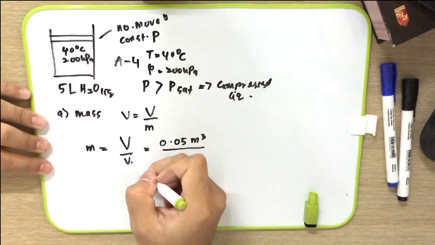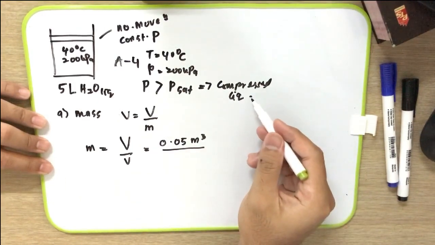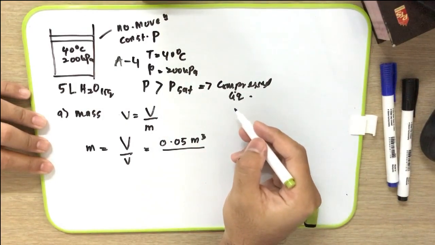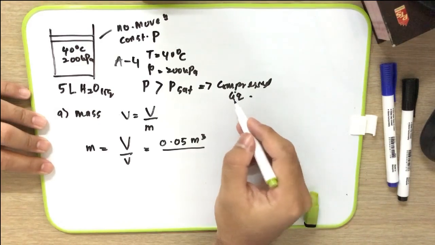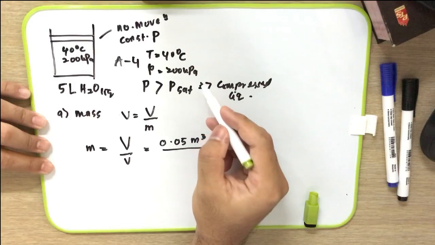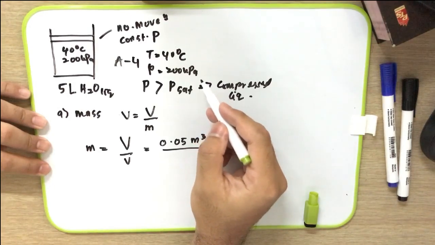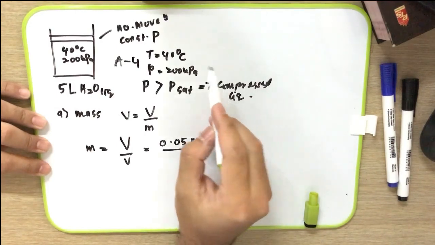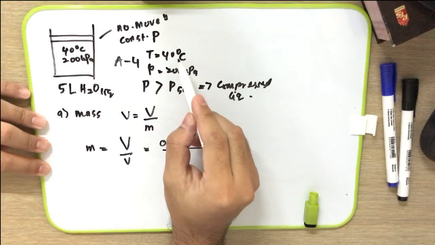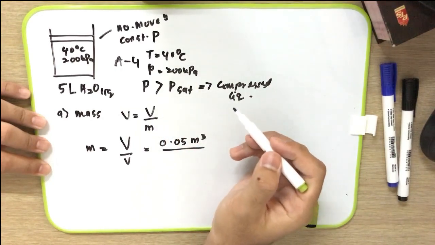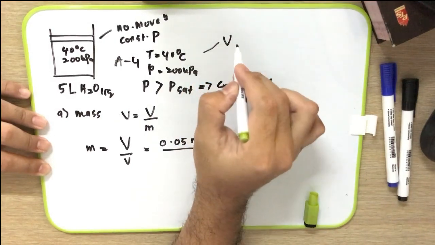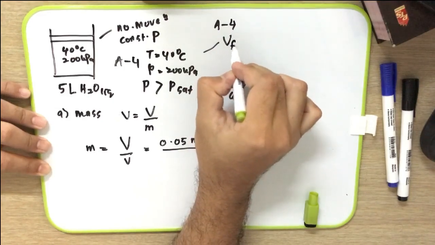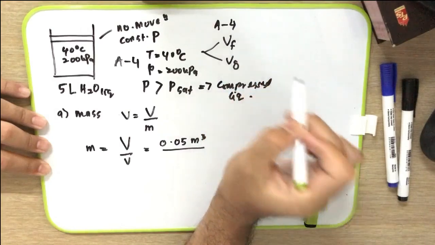So where can you find this v? Look back here. This is compressed liquid at pressure 200 kilopascal. When we look at table A7, which is the compressed liquid table, we cannot find it because the pressure is lower than the minimum pressure available in that table. So we need to go back to the saturated table. We refer at temperature 40 degrees C, and we can find v there. There are two v at table A4, the VF and the VG. Which one should we choose?